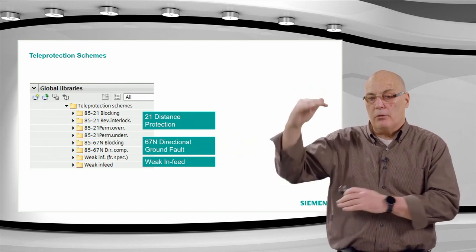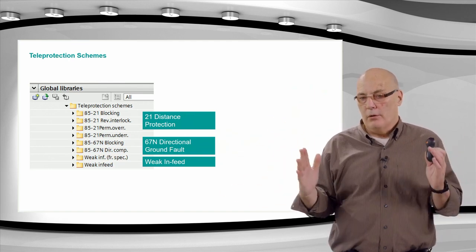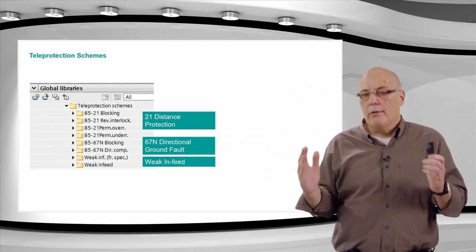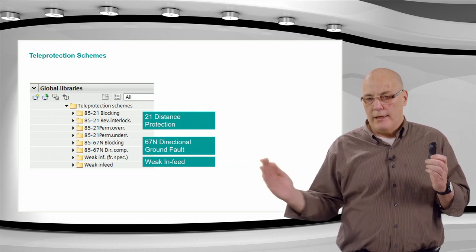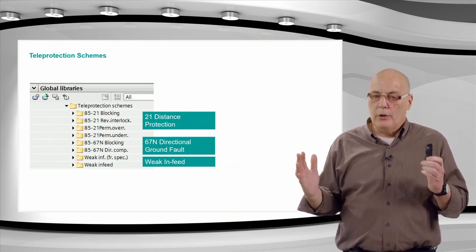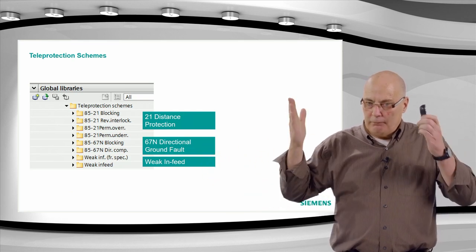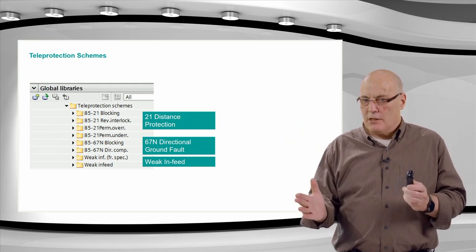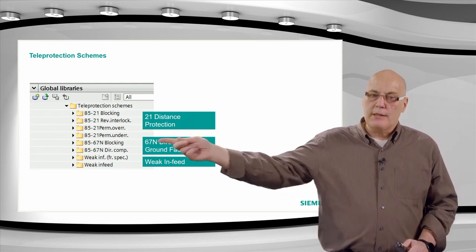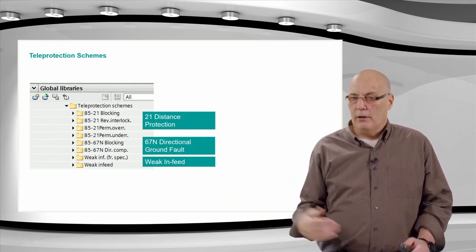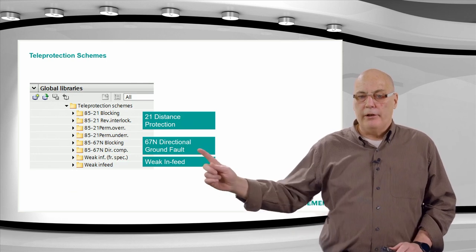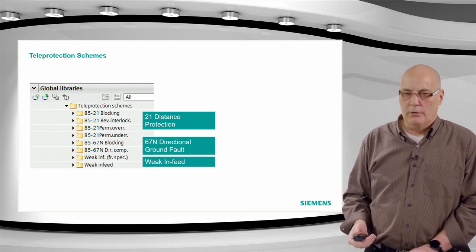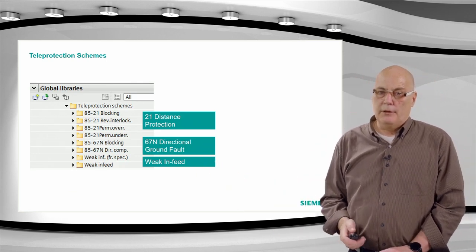Remember, the symmetry requirements, X to R and so on, are limited. If you run into difficulties with the R to X of a distance protection, don't try and overstretch it. Say, okay, I accept the boundary for the distance protection and I use the 67N to take over for the resistance, because it is very, very effective for high resistance ground faults, also with the teleprotection scheme.